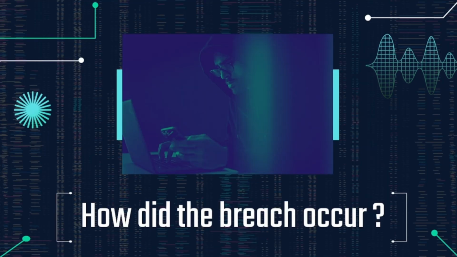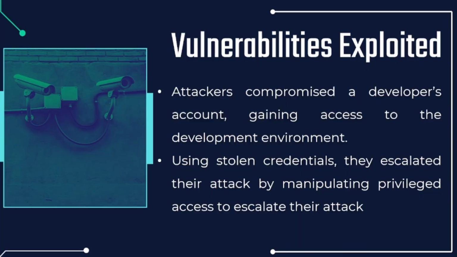So, how did the breach actually occur? In this attack, the attackers exploited several vulnerabilities. They gained access through a compromised developer account and manipulated privileged access to escalate their attack. As developers often have a high level of access to critical systems, targeting developers is well known in the security industry, and this tactic is often used by various attackers.